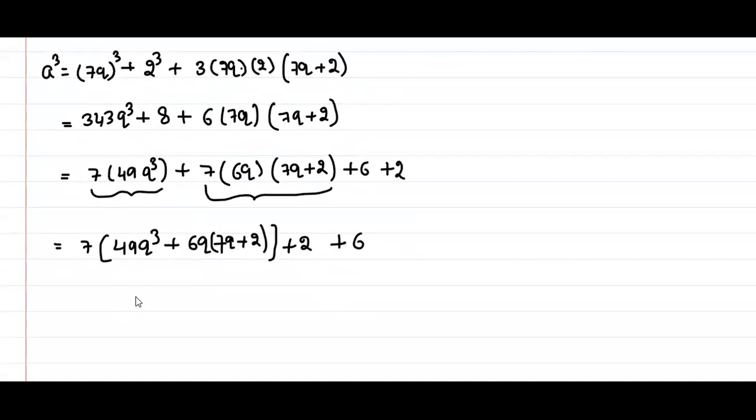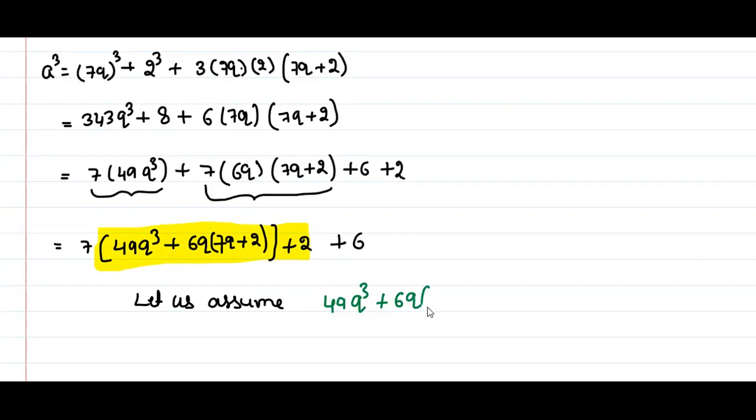Now let us assume this whole term, from here to here, is m: 49q cube plus 6q into 7q plus 2, plus 2 is equal to m.